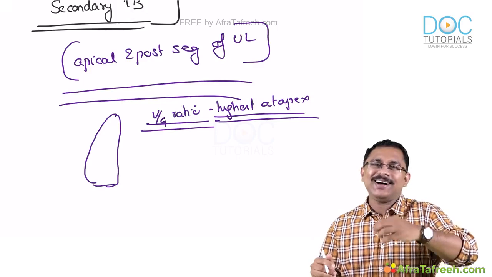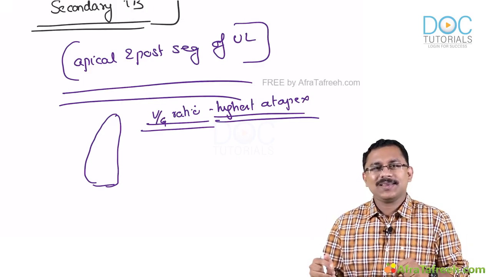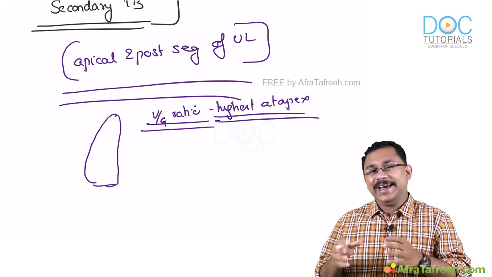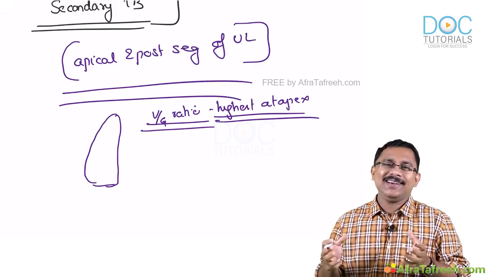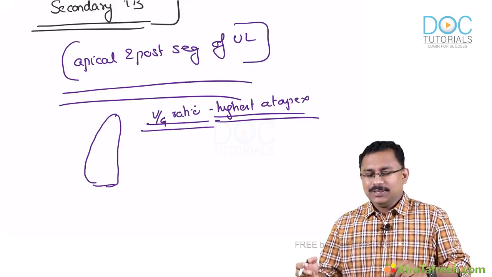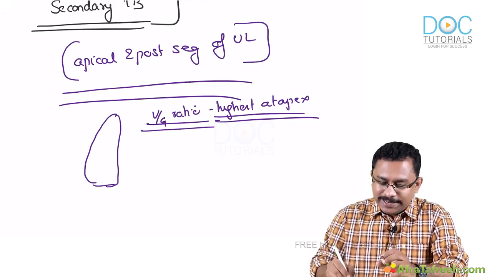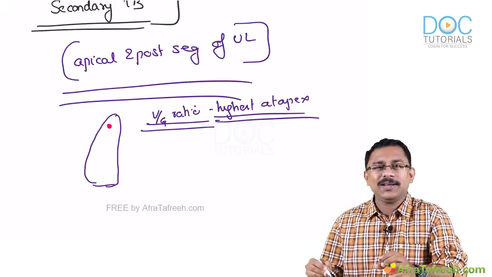Because you have a high V by Q ratio at the lung apex, the bacilli are likely to produce a secondary reactivation or a secondary TB in the lung apex. So the lung apex is the favored site of a secondary TB, very important.